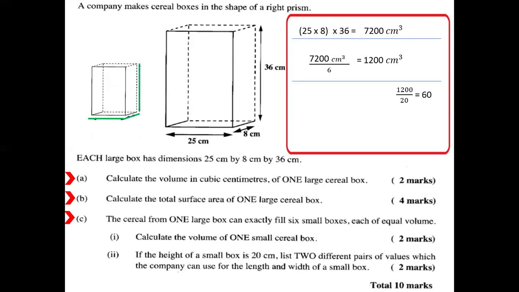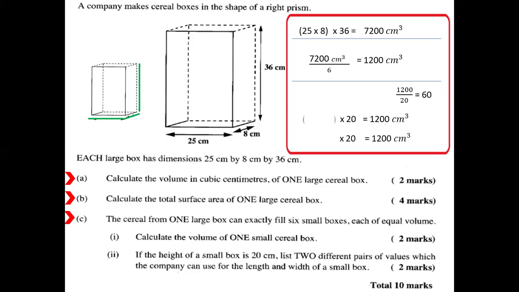So the base area is 60. So length times width times height, which is 20 in this case, 20 multiplied by a certain pair will give us that 1,200. We just need to find two pairs of numbers that could give us that 60.